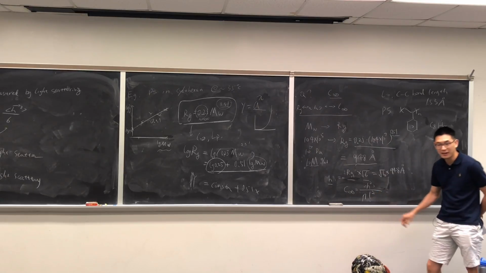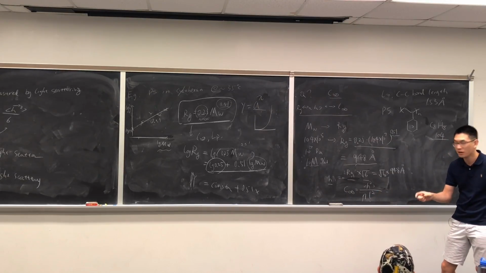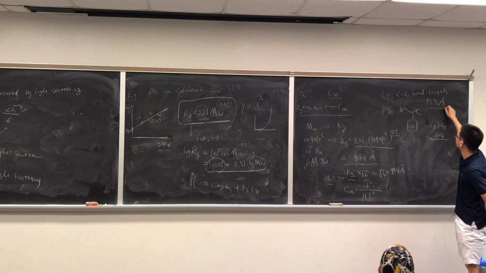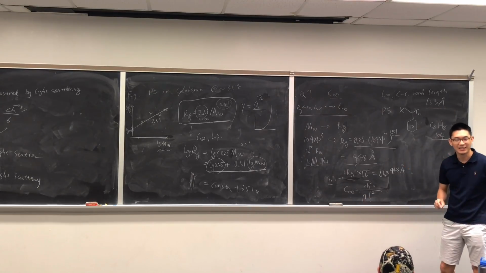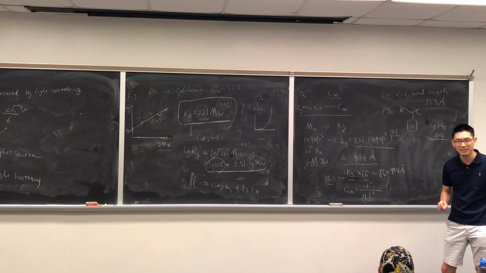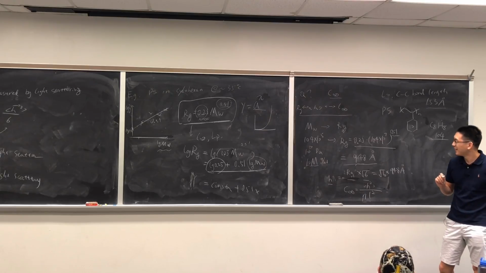We know L, right? L is the one bond, which is the distance we talked about here. And what about N? N is the number of bonds, right? Which is molecular weight divided by the 104.